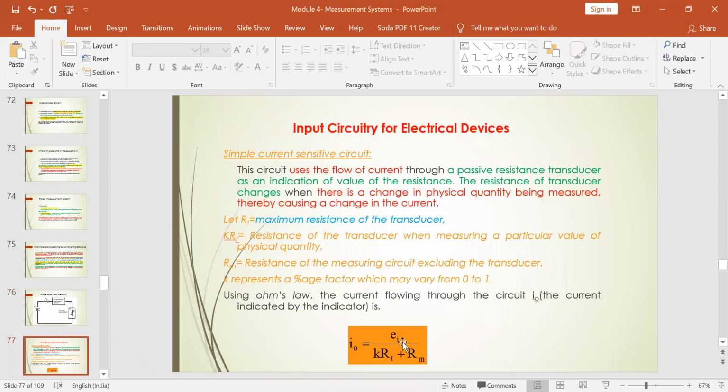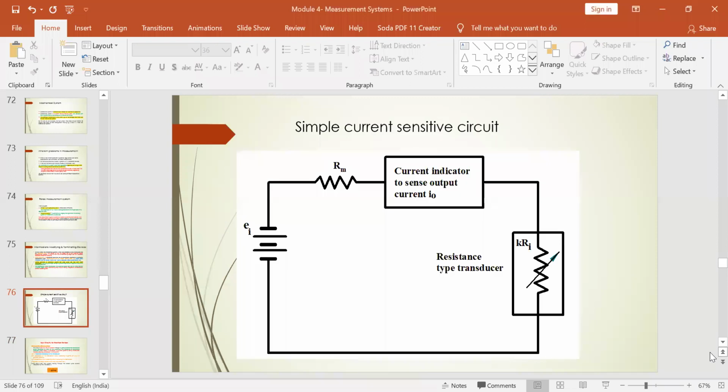Finally, this will be the input voltage divided by the percentage factor into the maximum resistance of the transducer we are using, plus the resistance of the material excluding the transducer, because in this input circuitry we will be using a resistive type of transducer.